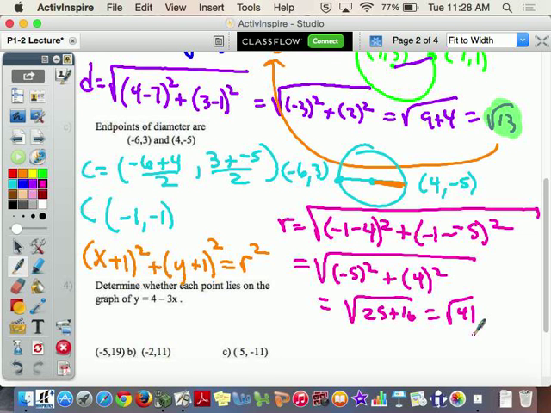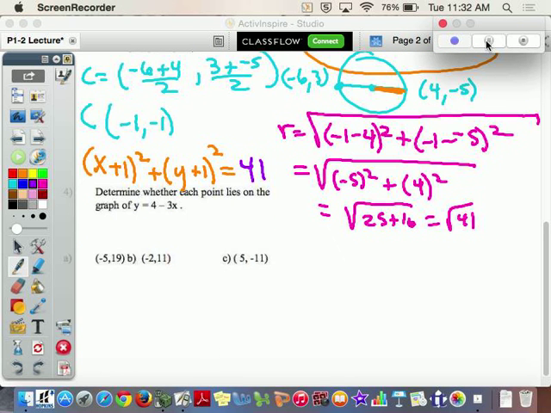Now, just on the last problem, we talked about if there was a square root involved. When you square the square root, it disappears. So my equation now, I'm going to erase the r squared, because r squared will be, when I square the square root, just the number 41.